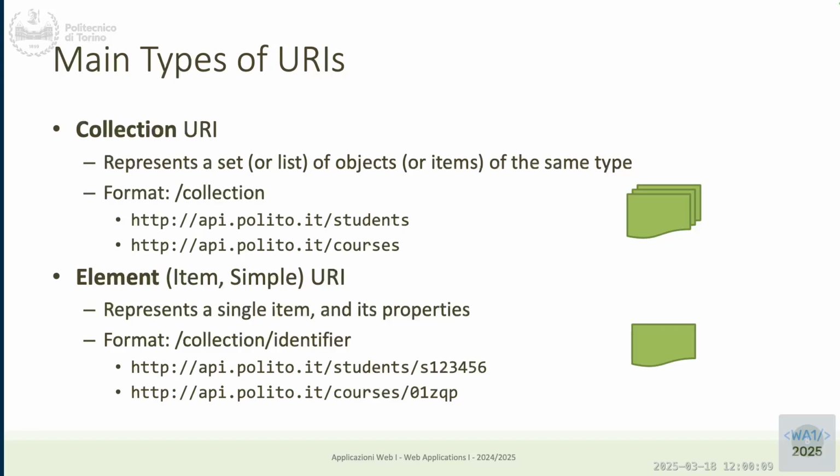So, at the highest level, collections or items. Collections are just a URI representing a category. Normally, we suggest using plural names. And each item is just some item which is picked out of a collection. A given user, a given student is one item of the collection students with a specific ID.